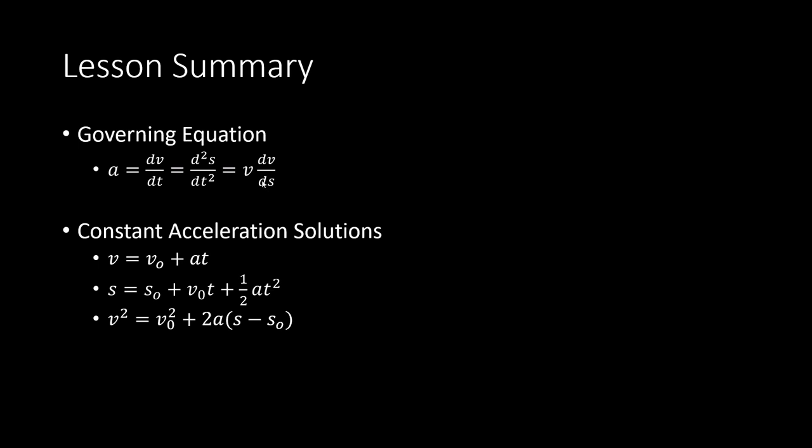And we discussed that many situations will have constant acceleration, so we went ahead and solved this governing equation assuming this was a constant, and we ended up with three equations. Now, in the next video, we will be doing some examples, putting these three equations to use.